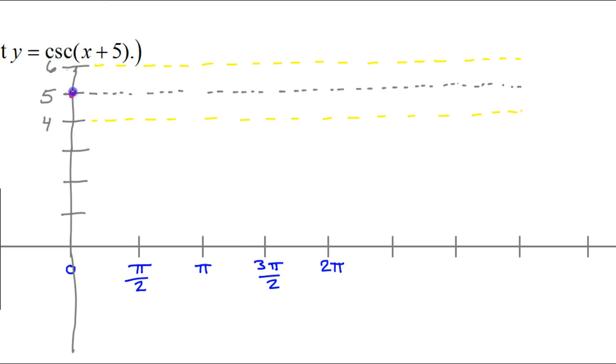It's going to start at the midline, go to its highest value, and then back to the midline, then lowest value, and then back to the midline. I'm just graphing this very lightly. There's my sine function.